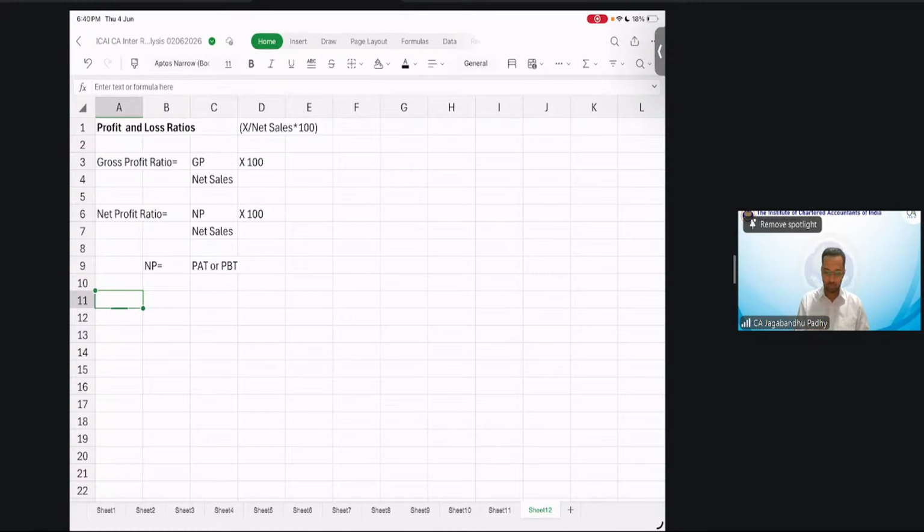Operating profit ratio. Can anyone tell what will be the formula for this? What will be operating profit ratio?